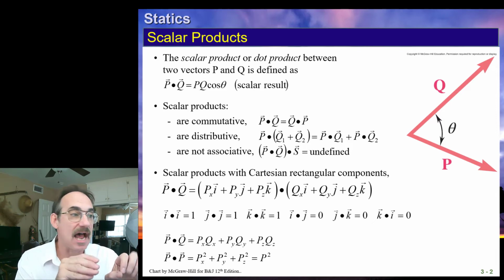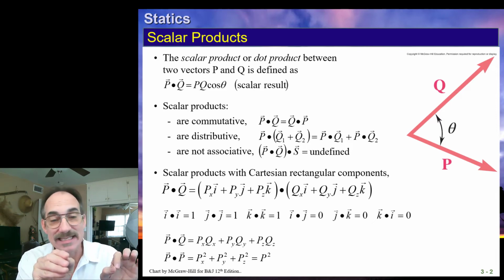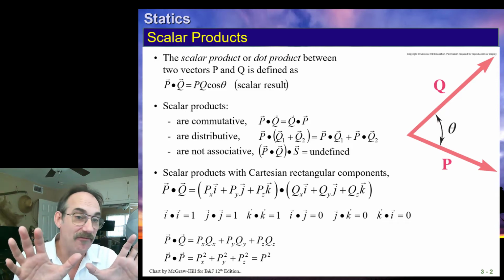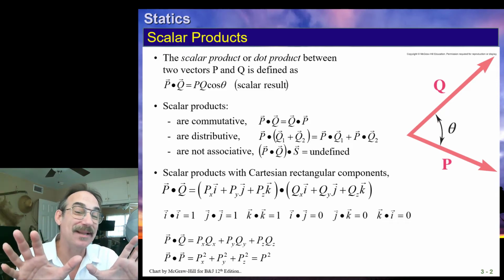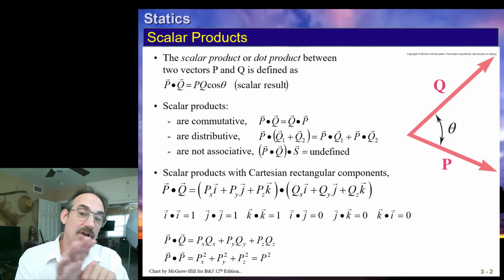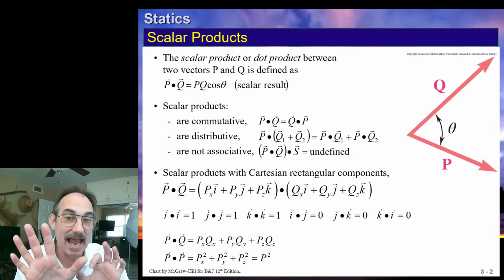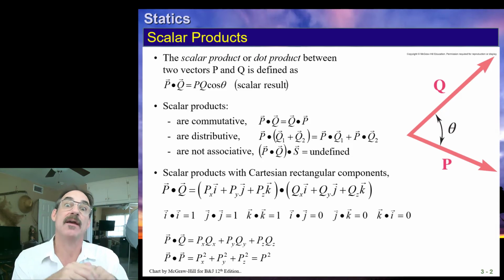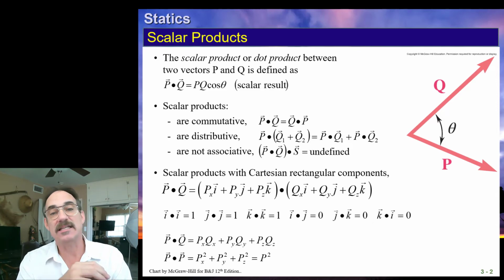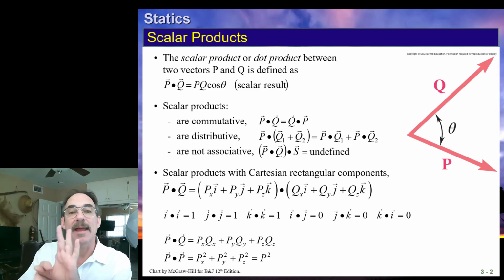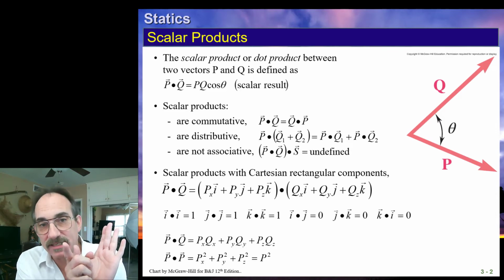So Pxi, Pyj, Pzk, the summation of those, expresses the vector in 3-space completely. Now, if we had a planar vector, a vector that lies in a plane, to express that we would just need Pxi plus Pyj. Or we could say it's the magnitude of P times whatever angle it makes with our horizontal x-axis.